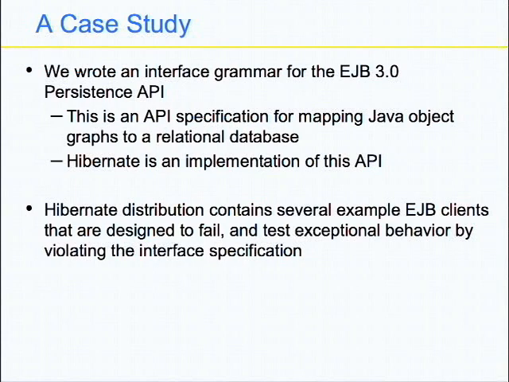It's supposed to raise an exception, showing that your implementation of the EJB API is correct. So we use those clients to show that we can stub out the complete EJB persistence API implementation and do the client-side verification. What we are doing is actually checking the client, okay?